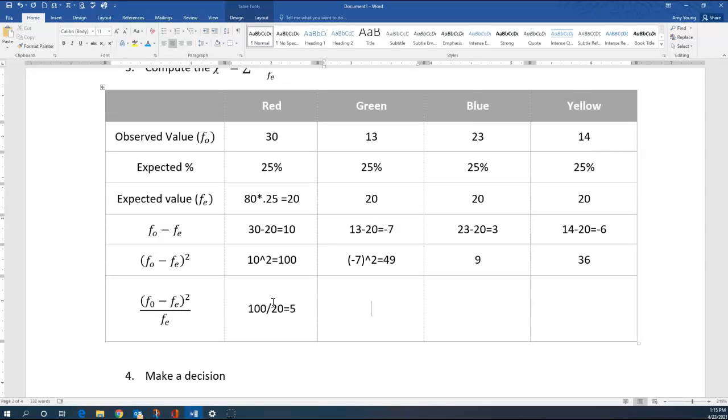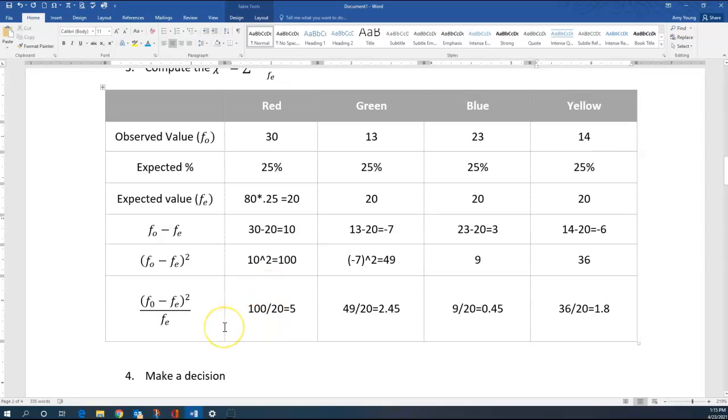And then we're going to do 49 divided by 20, and these are going to start giving you some decimals here. So 49 divided by 20, we're going to get 2.45. And then 9 divided by 20 is going to give us 0.45. And then our last one is 36 divided by 20. That's going to give us 1.8.